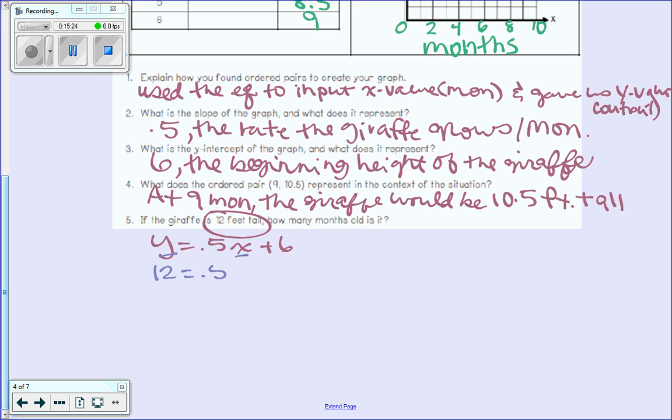Substitute it there. Is that okay? Absolutely. It's a two-step equation, right? So we could do what? Subtract 6 on both sides. 6 equals 1/2 x. And then what do we do to both sides? Divide by 1/2.